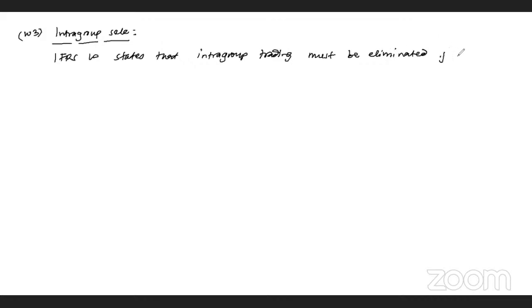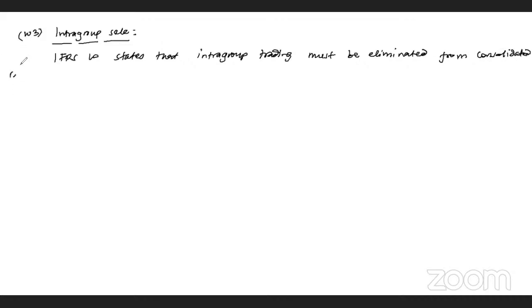This note is about intragroup sale. Of course, one thing we need to know is that IFRS 10 states that intragroup trading must be eliminated from consolidated revenues and cost of sales.